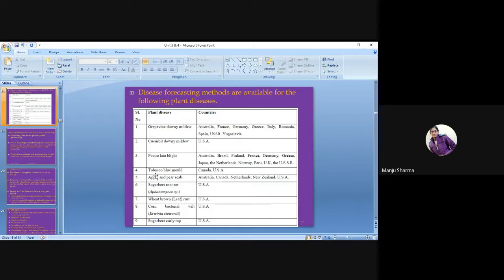Then cucurbit downy mildew in USA; potato late blight in Australia, Brazil, Finland, France, Germany, Greece, Japan, Netherlands, Norway, Peru, UK, and the USSR; tobacco blue mold disease in Canada and USA.